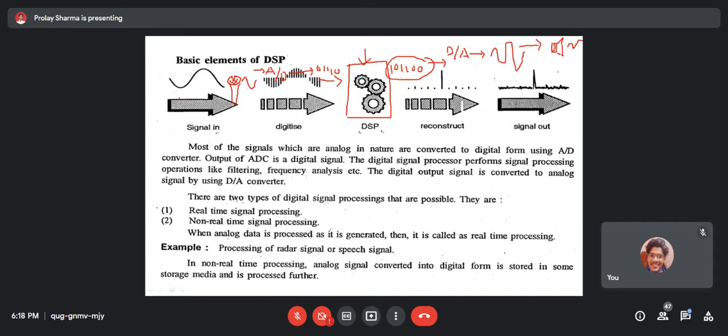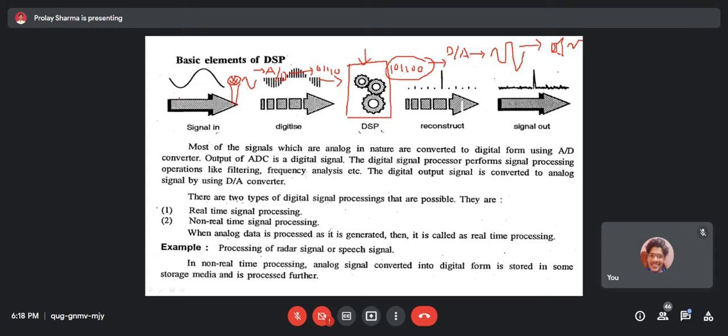First of all, it is necessary because digital signal processing takes only a digital signal and provides a digital signal output. So the signal has to be converted into digital form. Otherwise, it cannot be processed.